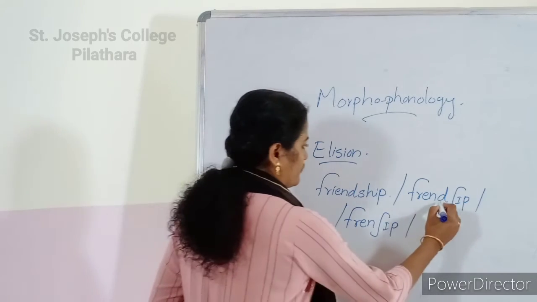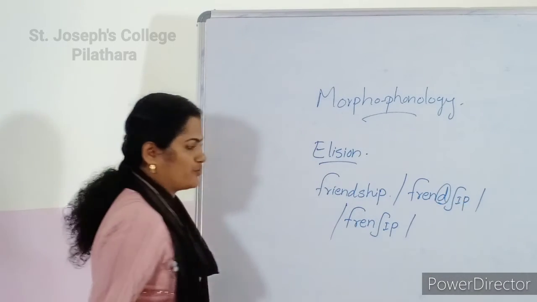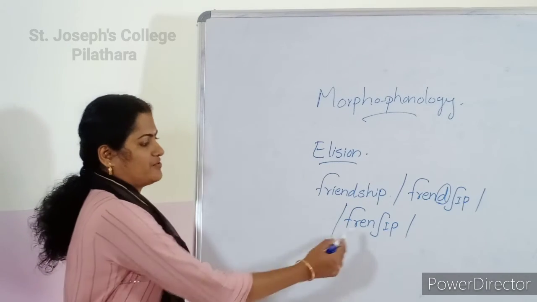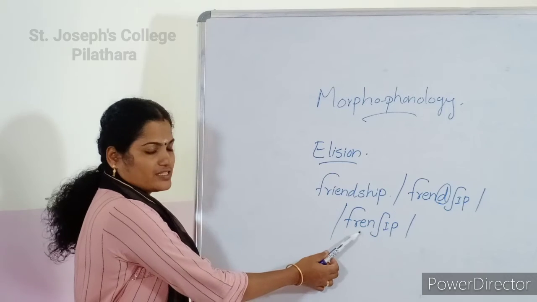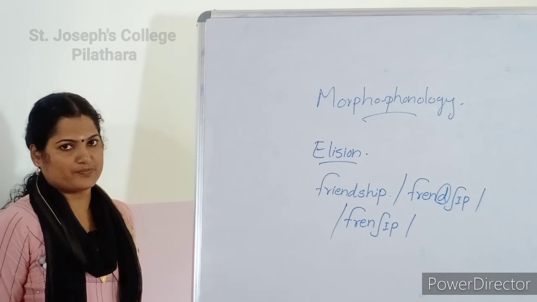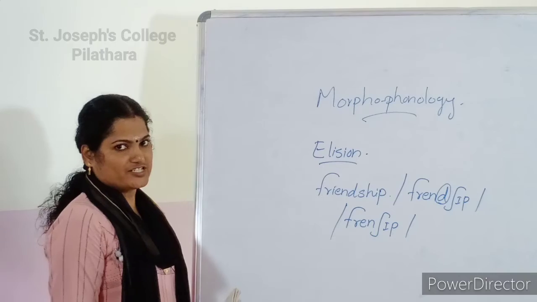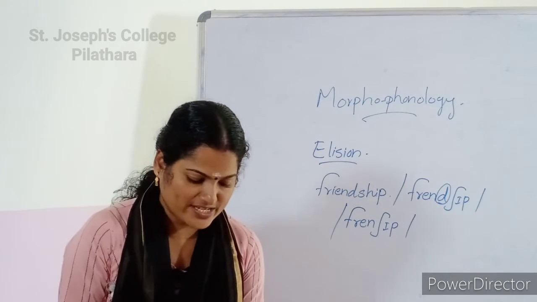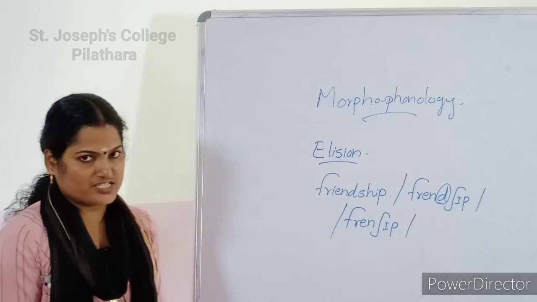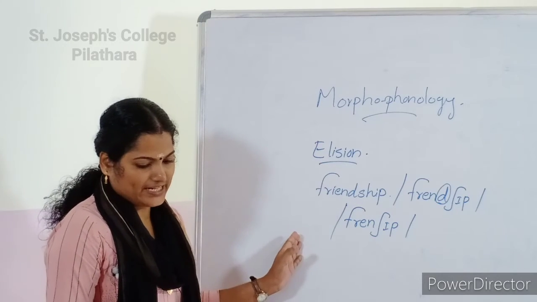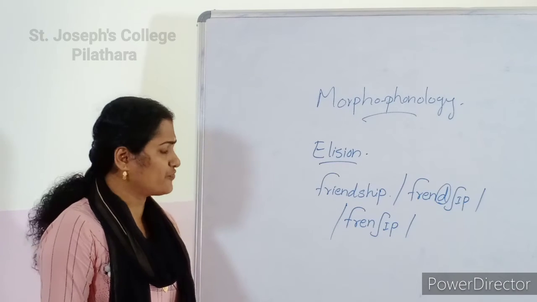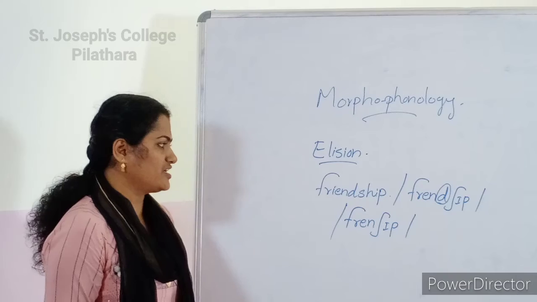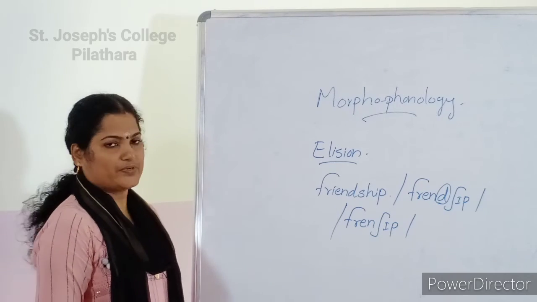Here, the d sound is omitted. This process is known as elision. In rapid speech, we could hear it only this way, frienship, not friendship. So this process, omission of a sound, is known as elision. This phonetic process is called elision. It's dropping of a sound which exists in a word uttered in isolation or in connected speech.